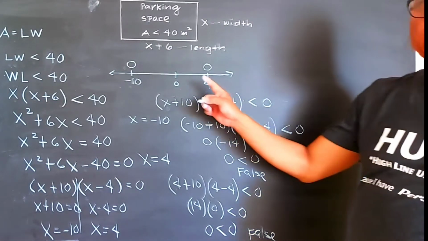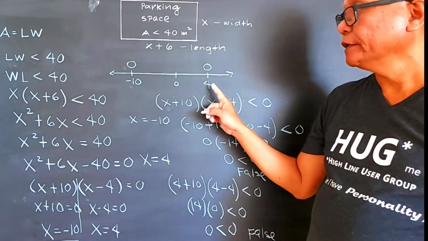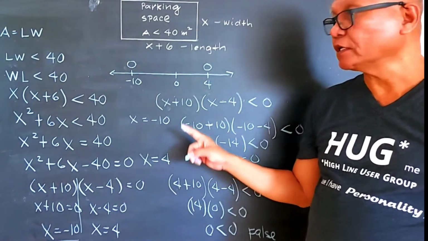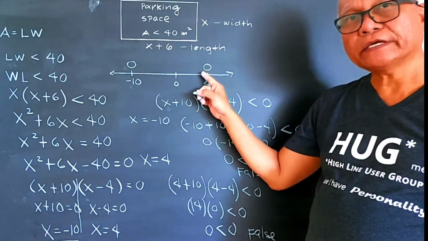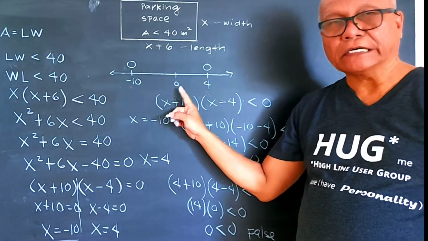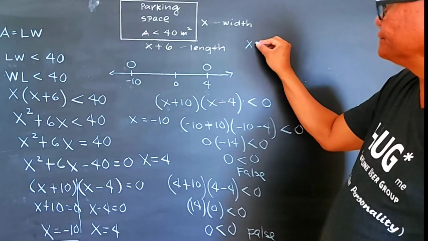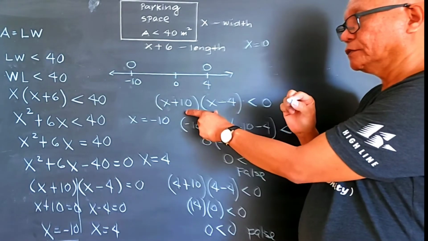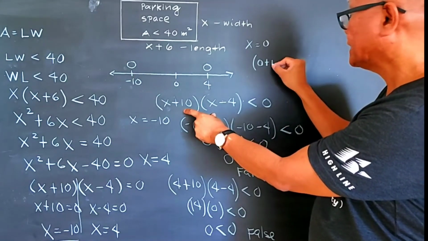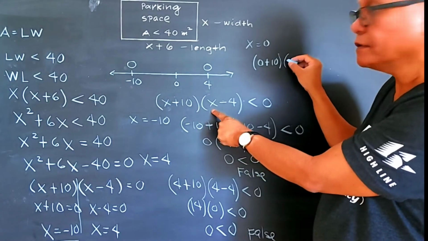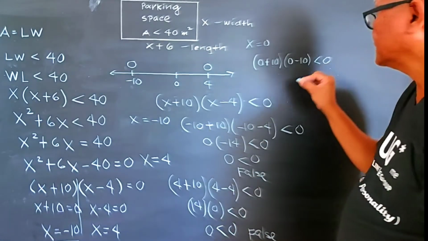Okay, let us check the area in between the negative 10 and the positive 4. You can choose a number in between. You can choose negative 9, negative 8, negative 1, 0, 1, 2, 3. Why not we choose the 0? It's the easiest. So if x is equal to 0, then we use this one again. We have 0 plus 10, and then 0 minus 4 is less than 0.